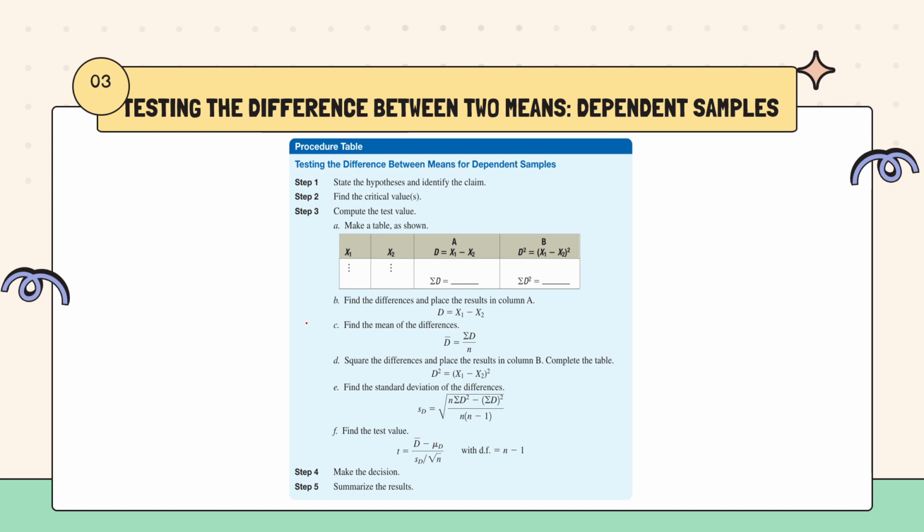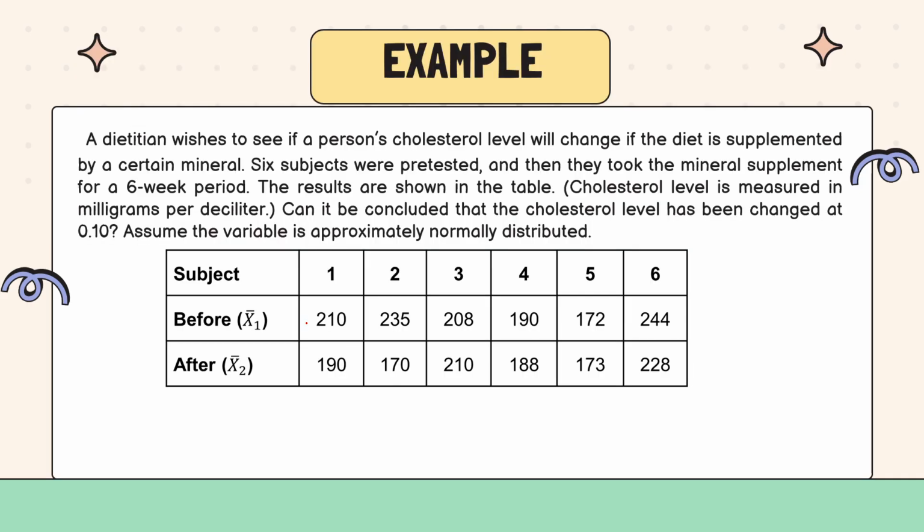Let's proceed with the first problem. A dietitian wishes to see if a person's cholesterol level will change if the diet is supplemented by a certain mineral. Six randomly selected people took the mineral supplement for 6 weeks.